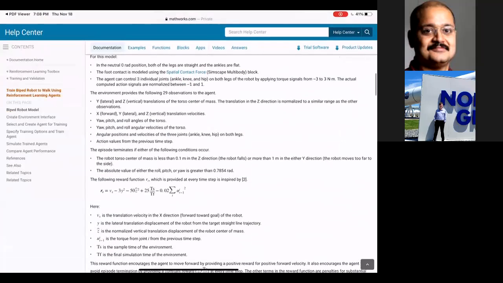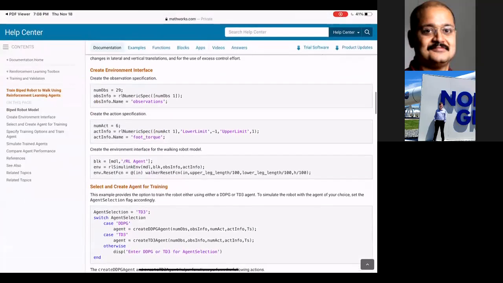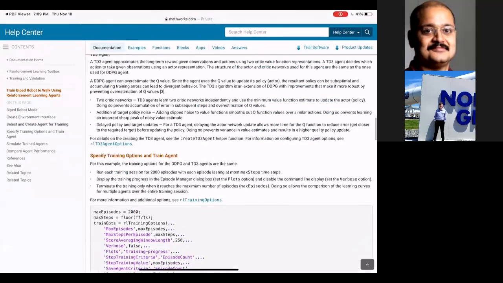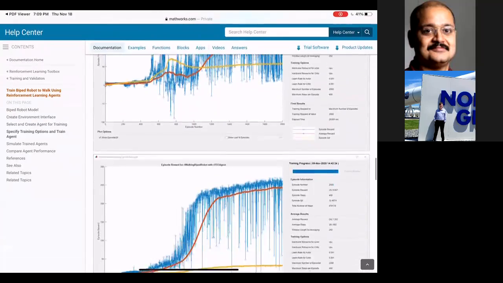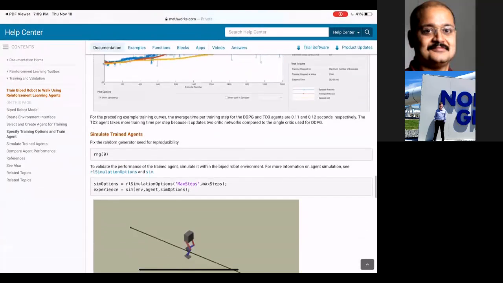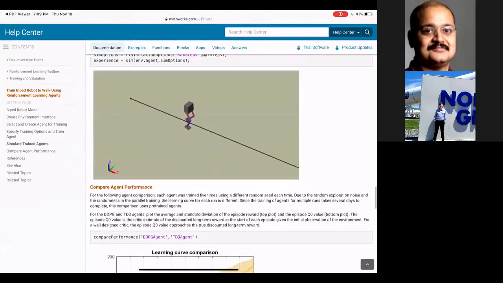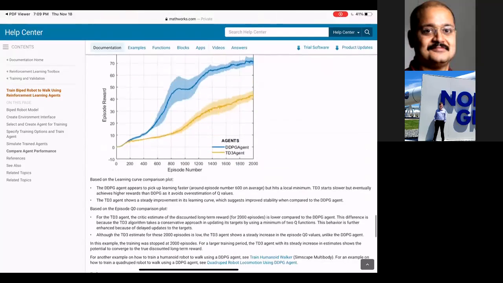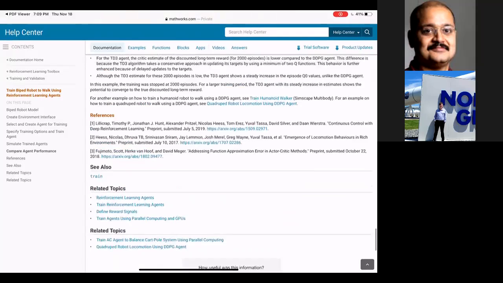It shows you the policy and the reward structure. Then you have to create the environment, set up the agent, and set up the training options. And then finally, after a certain number of iterations, the training is done, and you can actually see that robot walking. So I would strongly encourage you to look at this example.